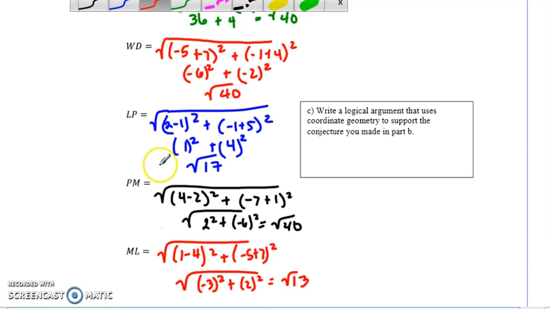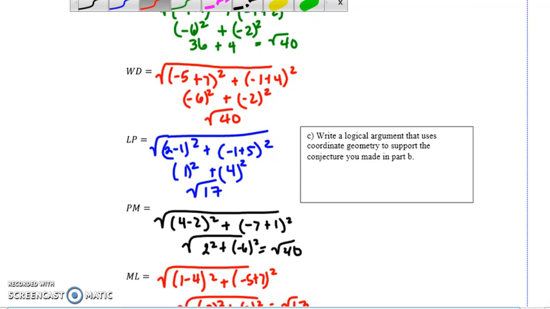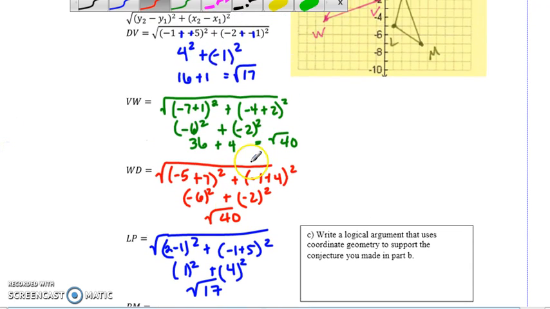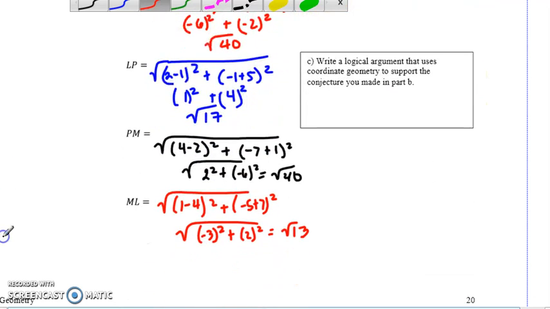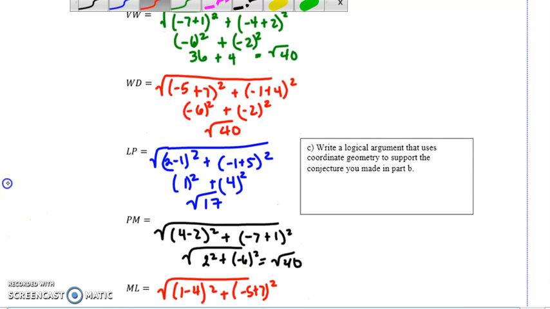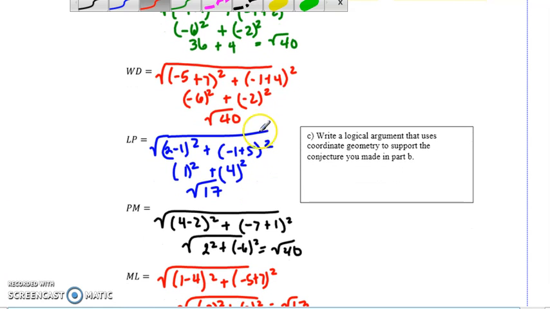All right, so now we can see that we have these being congruent. We have our square root of 17s there, and then our corresponding sides matching up. So it looks like we can use side, side, side to show that our... whoops, and WD should actually be 13, my bad.